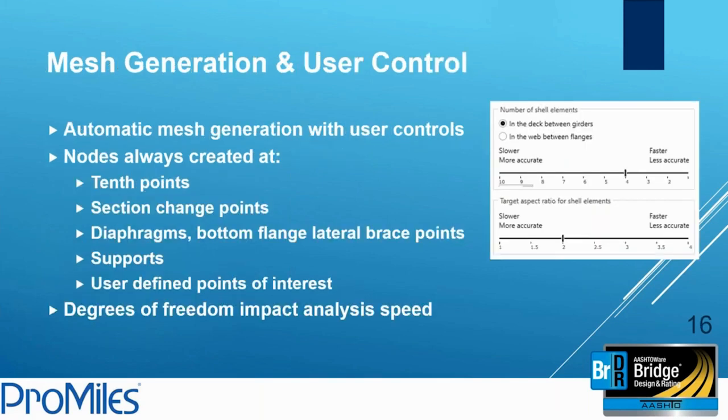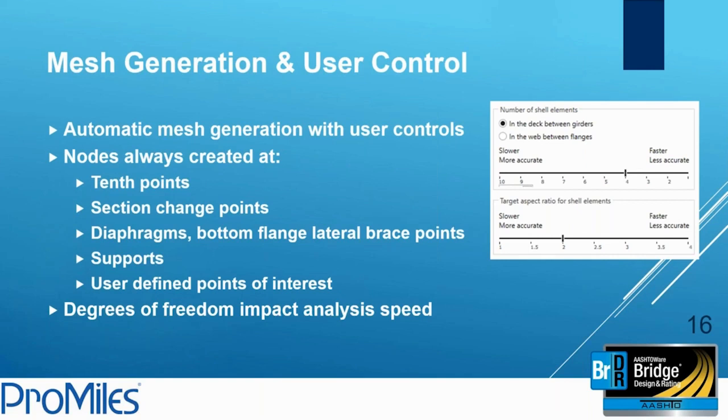Coming to mesh generation and user control, BrDR generates mesh automatically on the finite element model by using certain user controls that the user provides, which are generally based on what the user enters on each member.